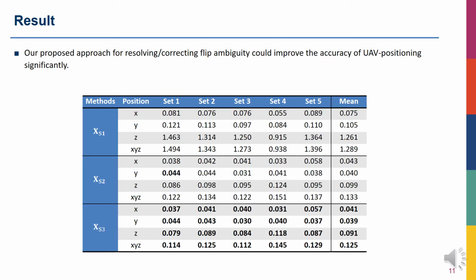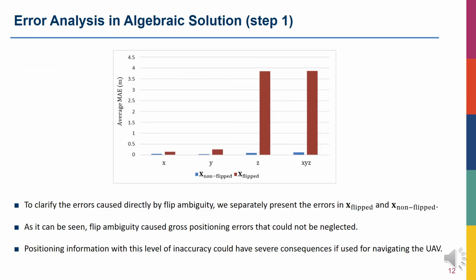These are the results of our multilateration. We use mean absolute error for evaluation. It can be concluded that our proposed approach for resolving and correcting flip ambiguity could improve the accuracy of UAV positioning significantly. This figure shows the error in the initial solution XS1, which was estimated using the approach of Norton 2012.